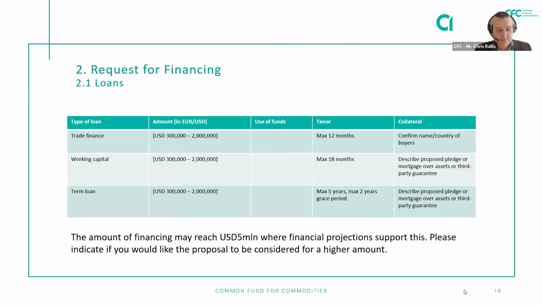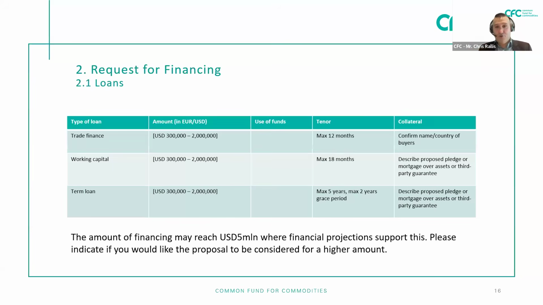Term loans. Term loans are the classic CFC product concerning mainly capex loans. This is loans for the construction of factories, the purchase of machinery or vehicles or other relevant activities. Now, in this case, what we usually offer is a tenure of up to 7 years with a 2-year grace period.